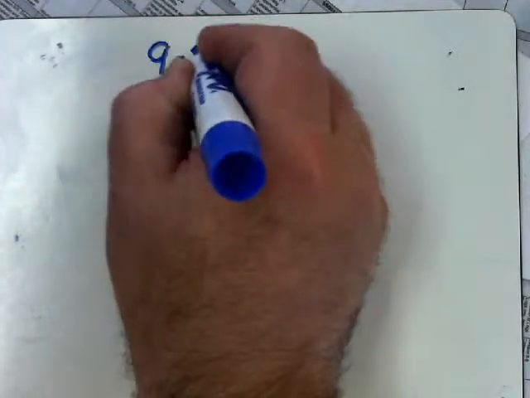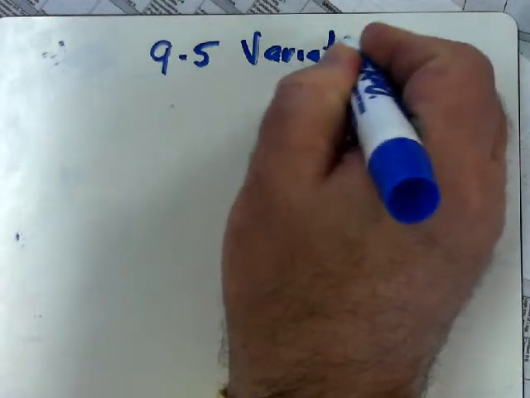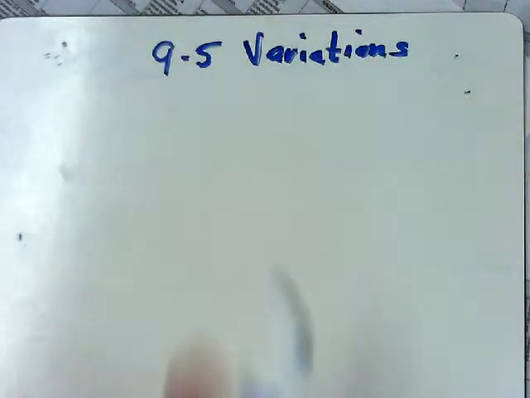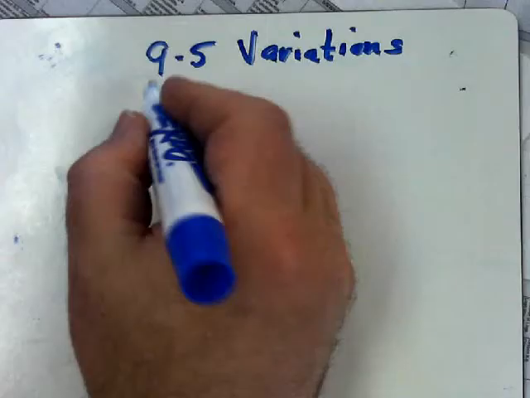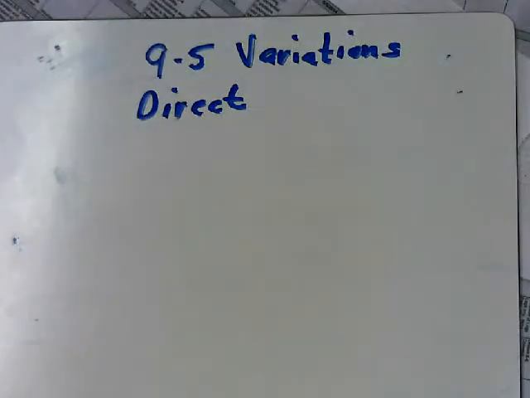Section 9.5, we are going to talk about variations, which you have done before, not necessarily in here. We're going to talk about direct variations.